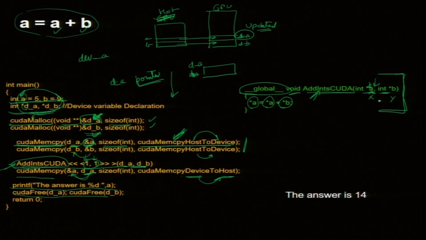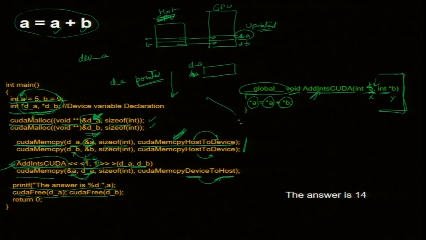GPU doesn't access anything else. GPU is just a guy who can do only fast computing. GPU has access to none of these, it has access only to this function, that is it.